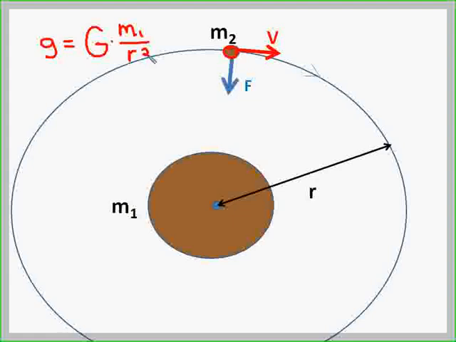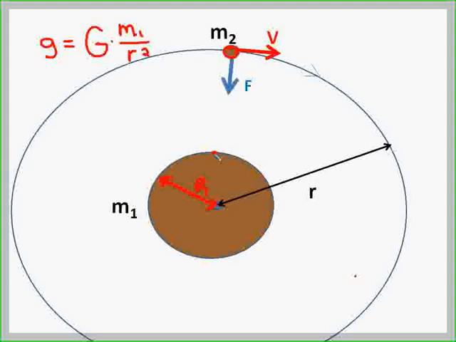If I let capital R represent the radius of m1, the mother planet, I want you and your table partner to come up with an expression for the acceleration due to gravity on the surface of m1, right here.